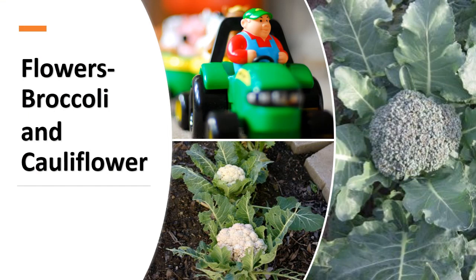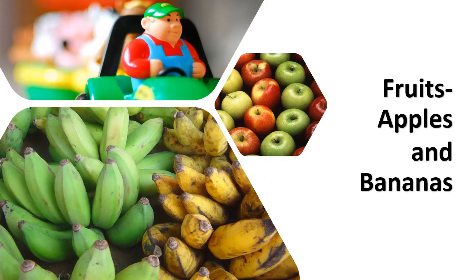And on that farm he had some flowers, E-I-E-I-O. With broccoli here and cauliflower there. Here a flower, there a flower, everywhere a flower, flower. And on his farm he had some fruits, with some apples here and bananas there.